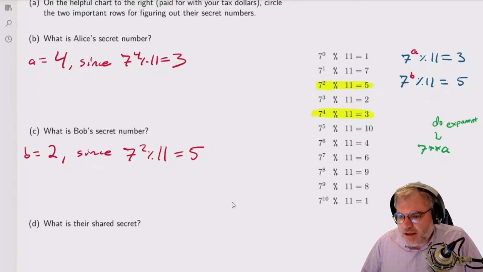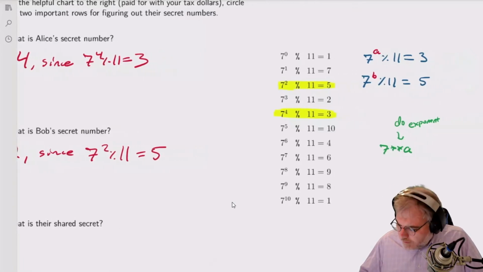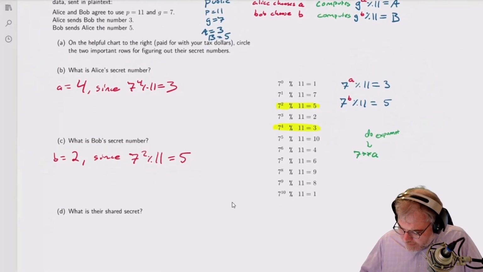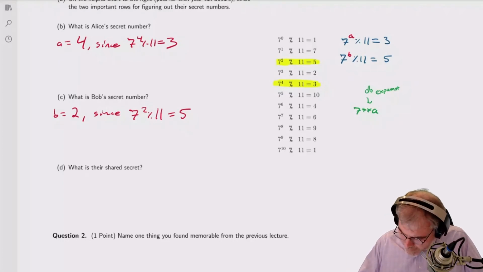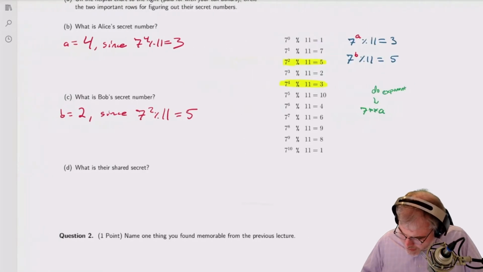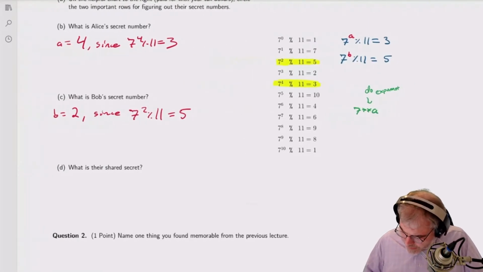Okay. Now, the shared secret. Well, how do I figure that out? Well, let's look at it. There are a couple ways to do it.